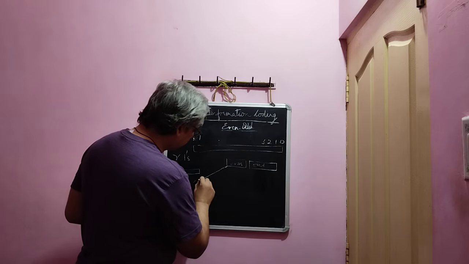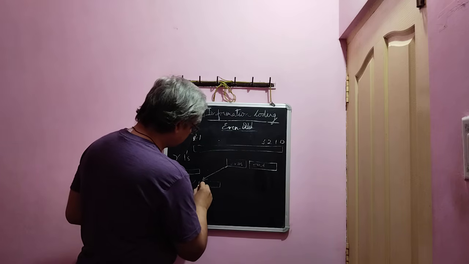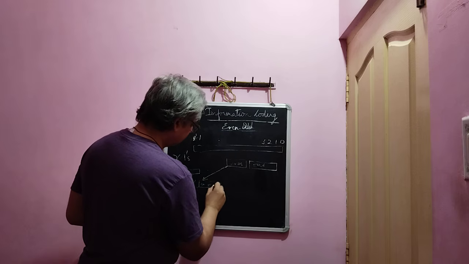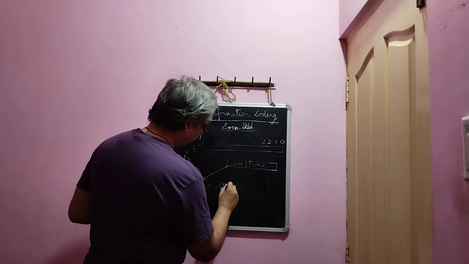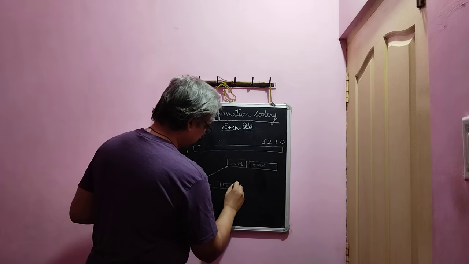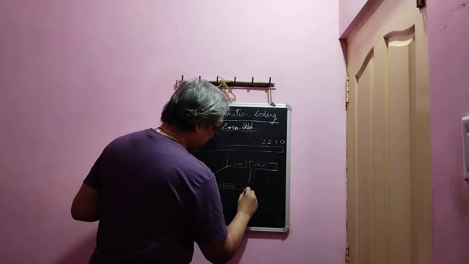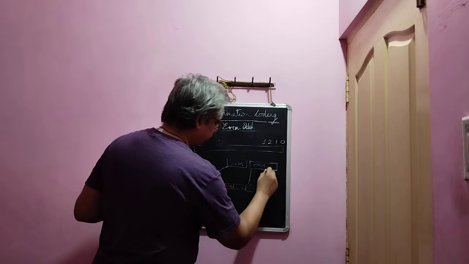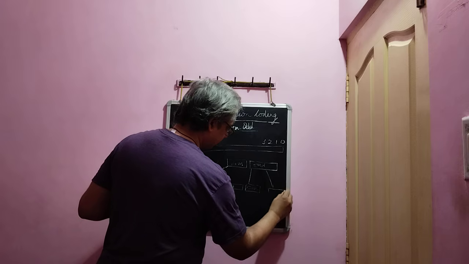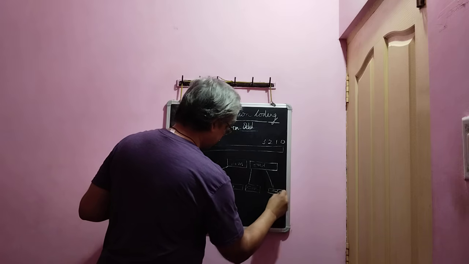Within the even location you maintain the number of ones in the even location and the number of ones in the odd location, and in the odd location too you maintain the number of ones within the odd-even location and the number of ones in the odd-odd location.